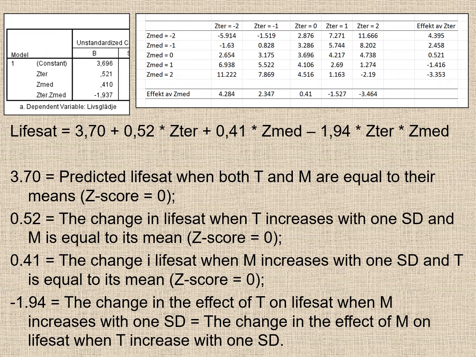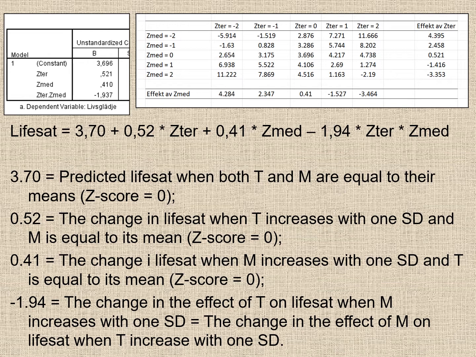Let's have a look at the other way. The effect of medication. Here it is. If therapy is -2, the effect is 4.3. If therapy is -1, the effect is instead 2.3, and so on. Can you guess how much the effect of medication changes here when therapy increases by 1?